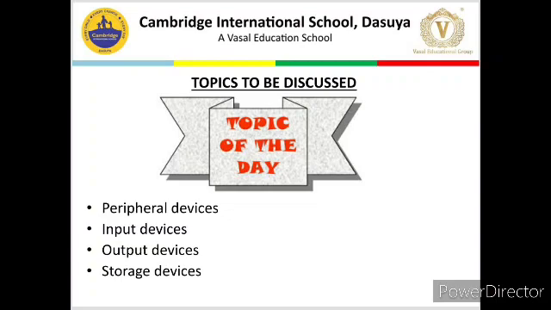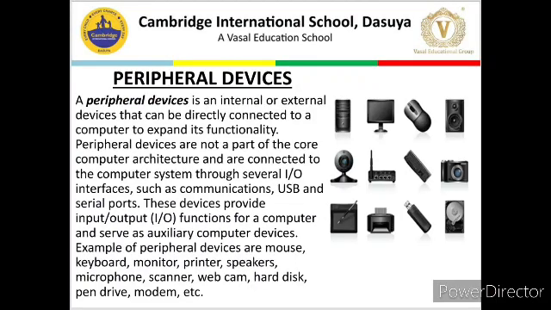Let us move on to the very first topic of the day, peripheral devices. These are the devices which are directly connected to a computer to expand its functionality. Peripheral devices are not part of the core computer architecture and are connected to the computer system through wires, cables, or USBs.